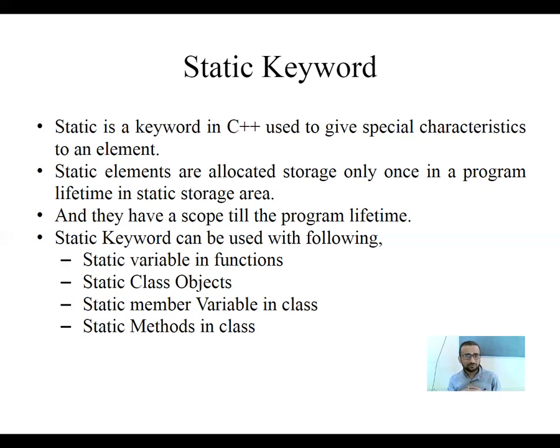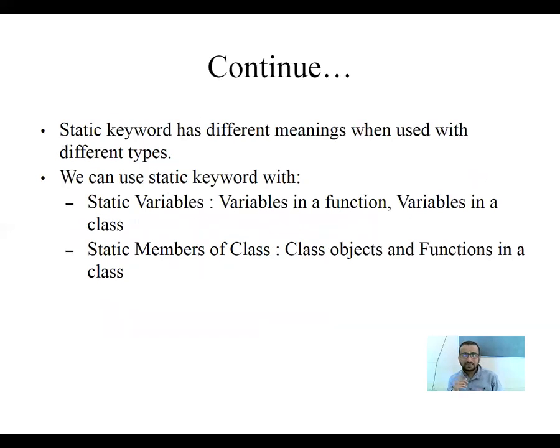So we can use these static keywords with the variables, with our class objects, with our member variables that we use in a class, right? And we can use it with the methods also, right? So this is nothing but the static keyword and the use that we can make with the help of that keyword.